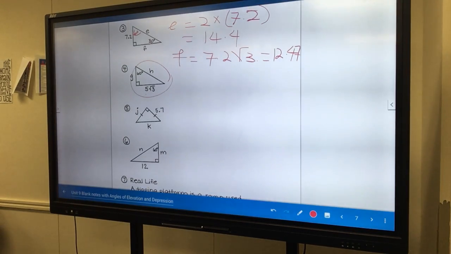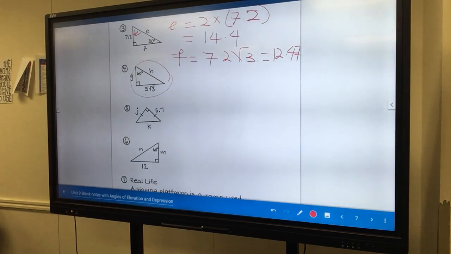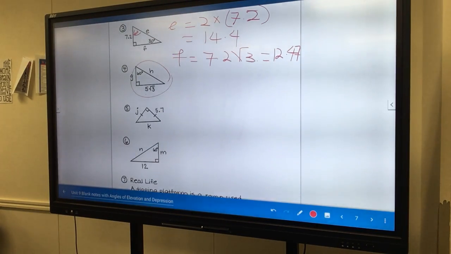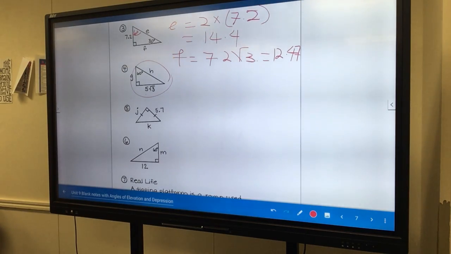So I told you, which one is the shorter side? G, right? No, this one is root 3 times something, which is G. Okay. Now what is the only thing that's multiplying this here? So let G be 5. So the relationship between this and this is G times root 3. Now G is 5.